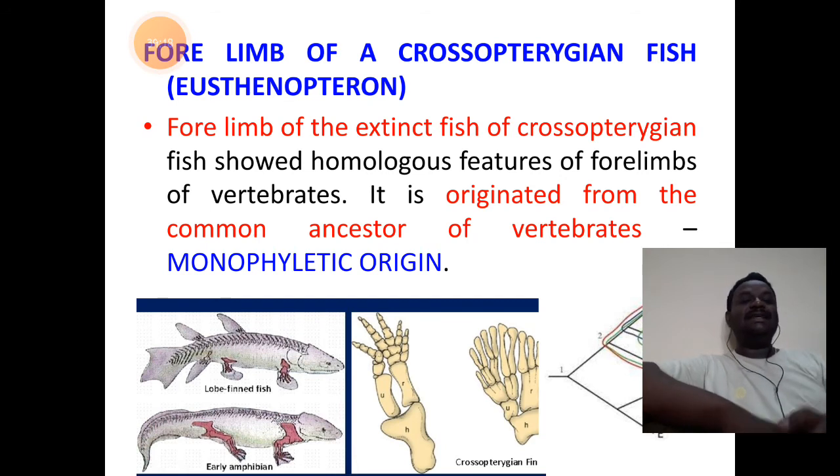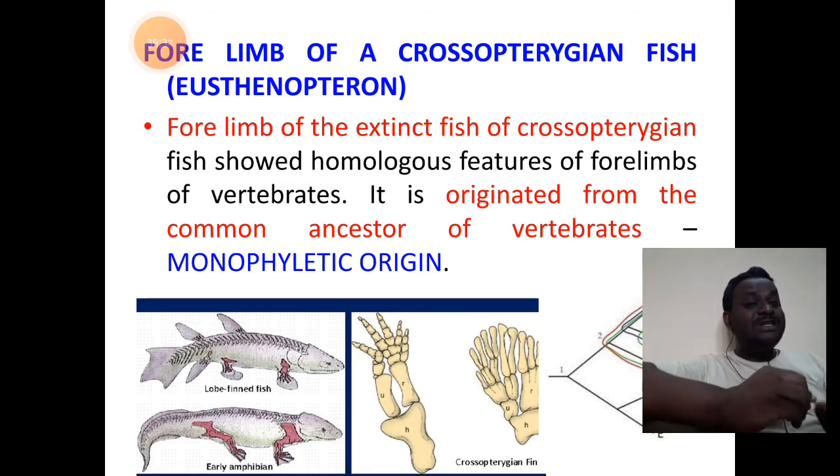When we look at the forelimb of a crossopterygian fish, which is Eusthenopteron, an extinct form of fish, we don't have living examples of fishes to show that the forelimb arrangement of bones is so, but we have related extinct forms.